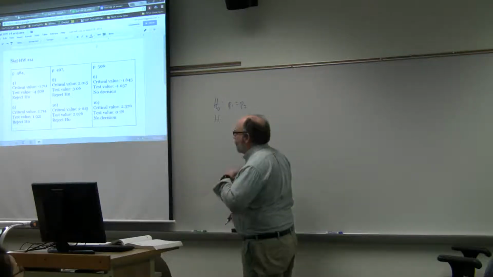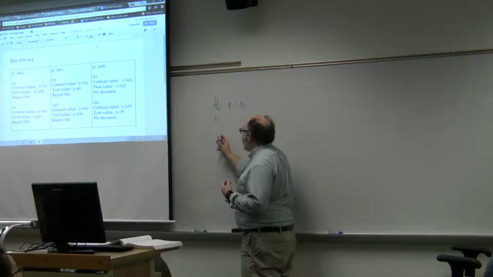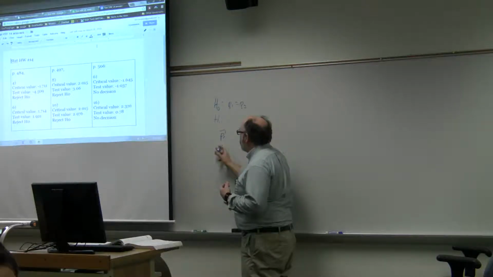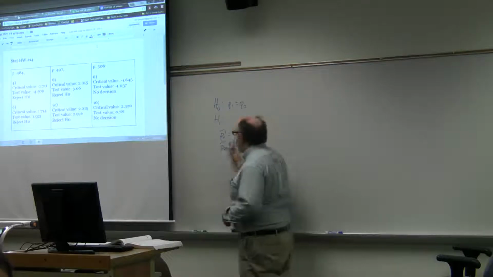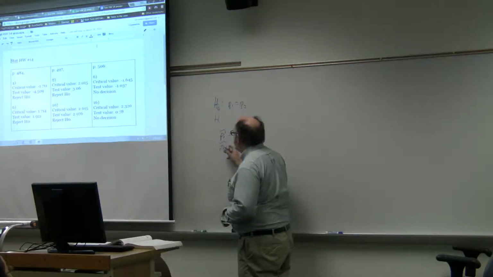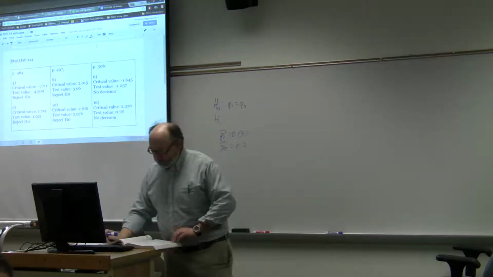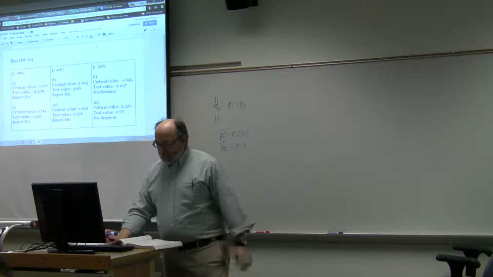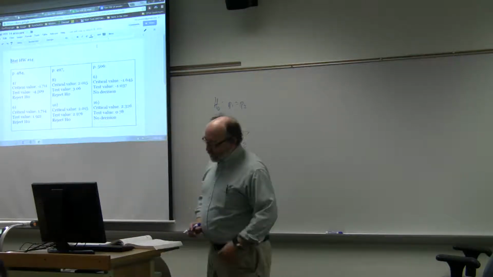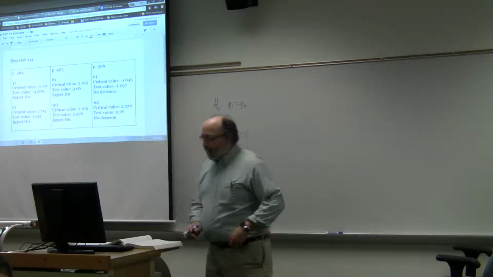And now, April, can you tell me what P1 hat would be and P2 hat? P1 is 0.137. All right. So that would be 10 out of 73 and 16 out of 80.